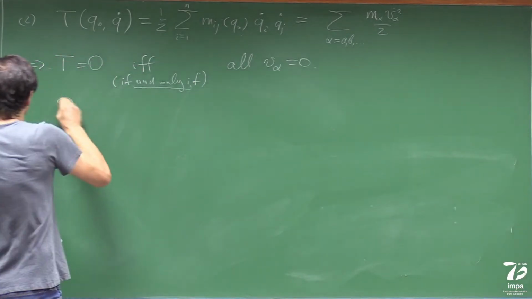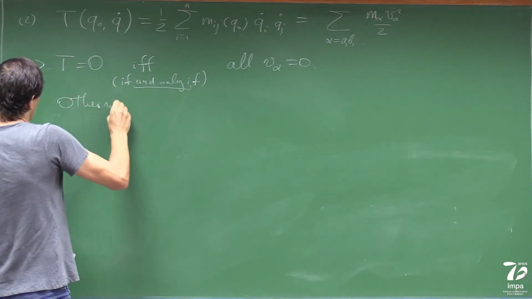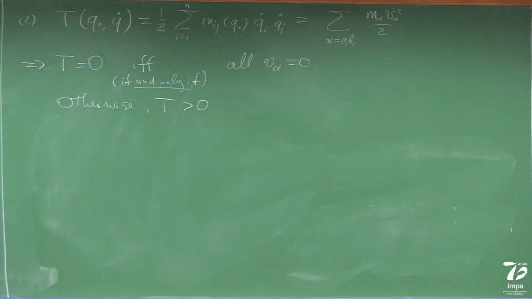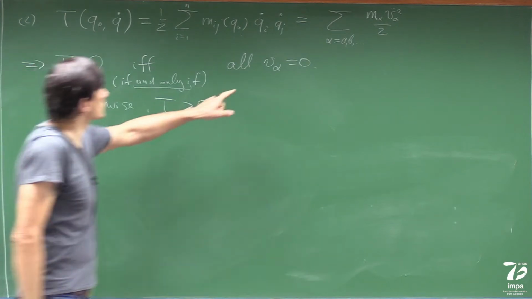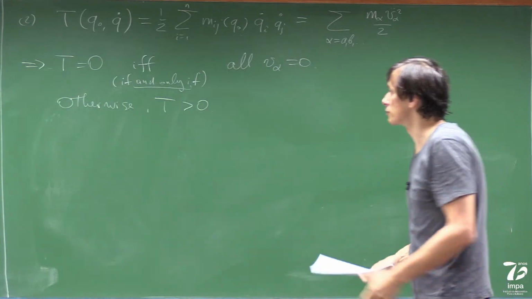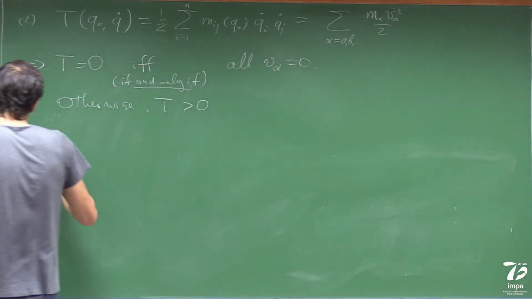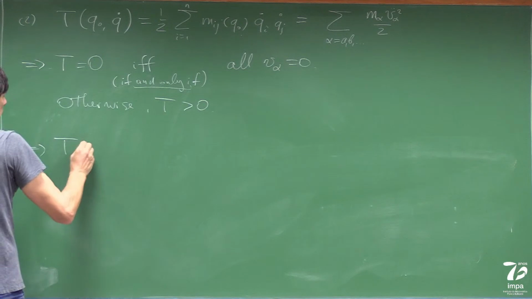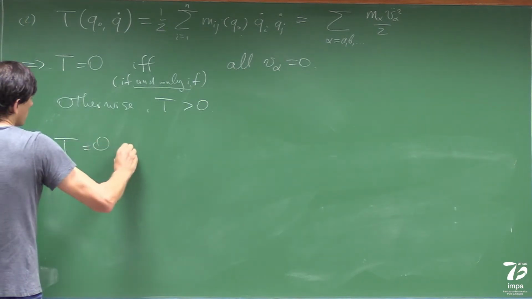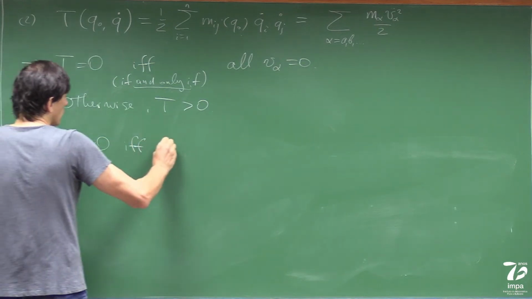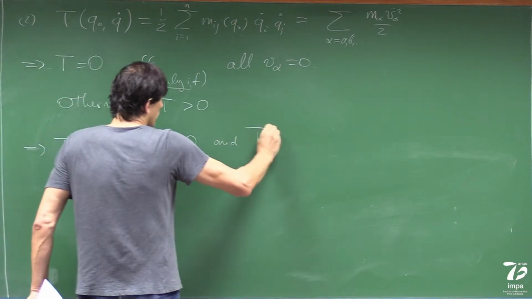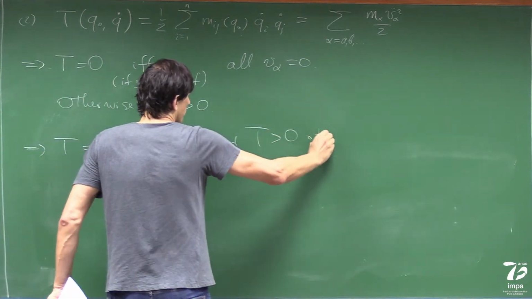Otherwise, T is positive. And all velocities being 0 is equivalent to saying that all velocities in generalized coordinates are 0. So we see that T equals 0 if q dot equals 0, and T is bigger than 0 otherwise.